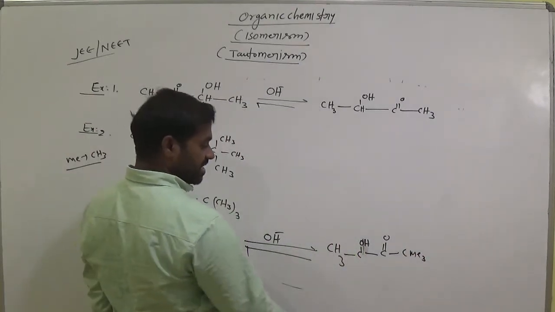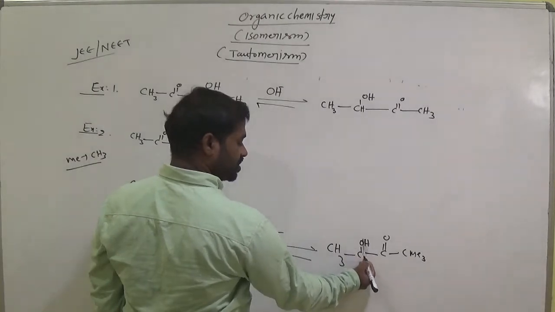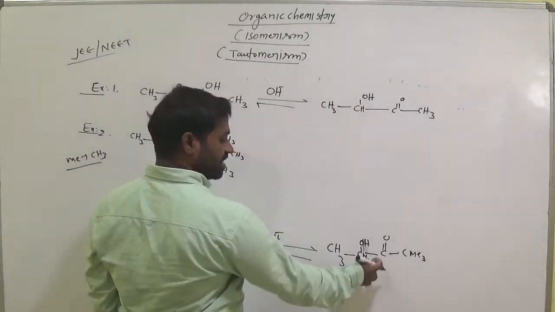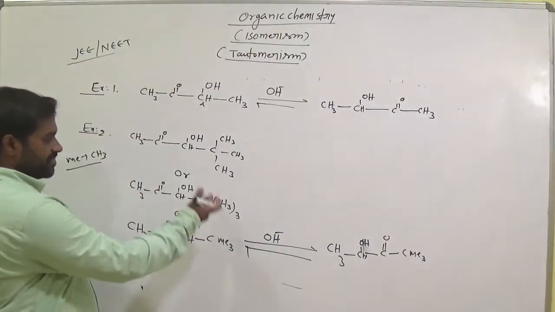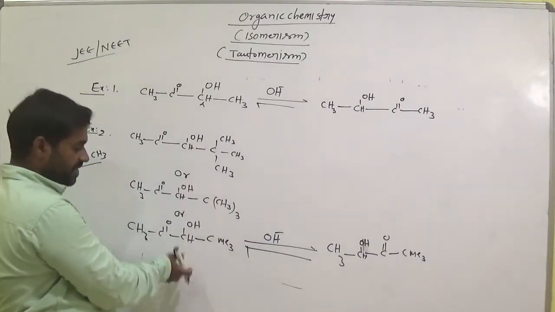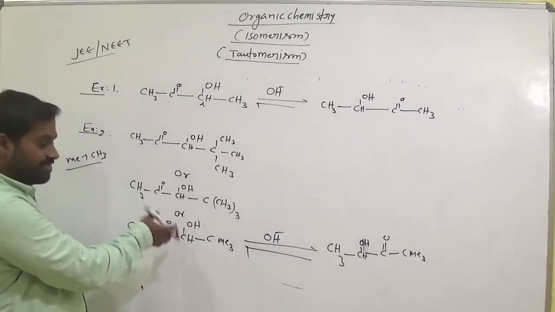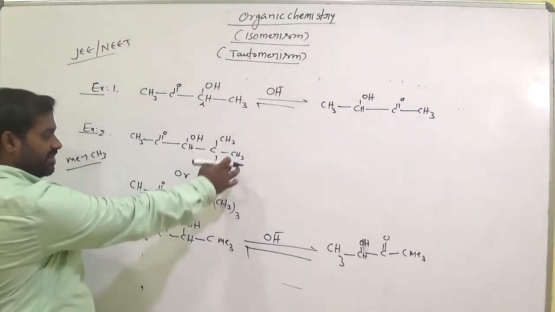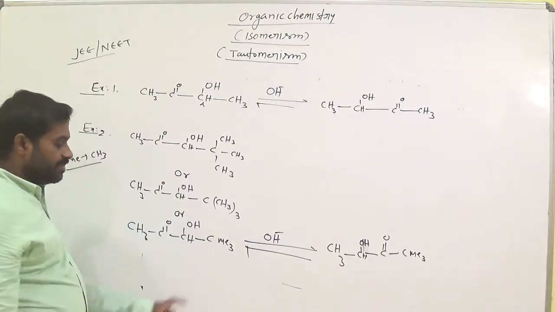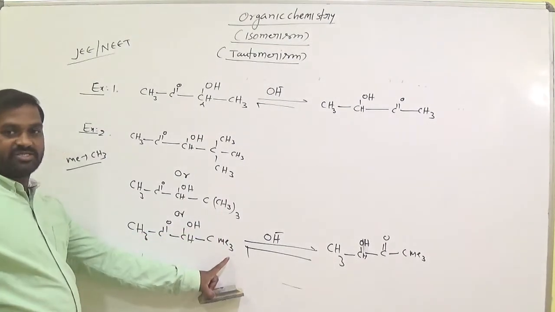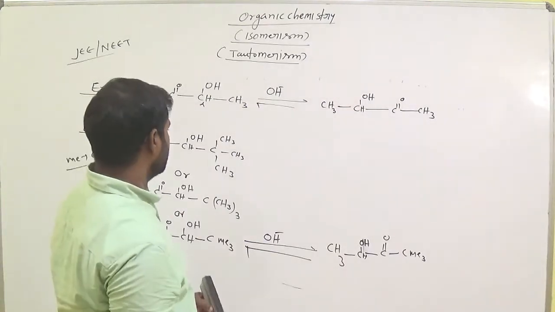Here it has only 3 valence, 1, 2, 3. For the fourth bond write hydrogen. Here 1, 2, 3, 4, 4 bonds are enough. So now all are the same molecule, same representation. The molecule is the same but the representation is different here. 3 methyl groups, CH3 taken thrice. Here see Me3, Me means methyl. How many methyl groups here? 3. So write 3.